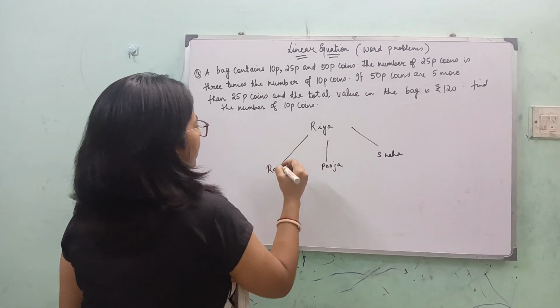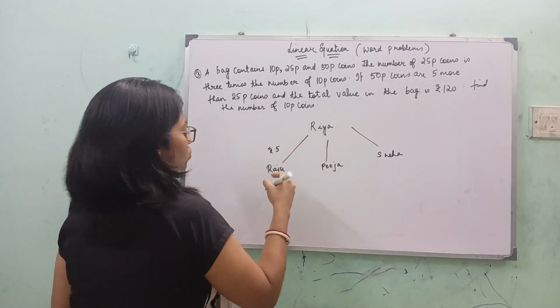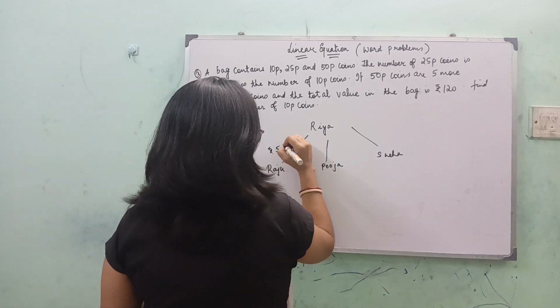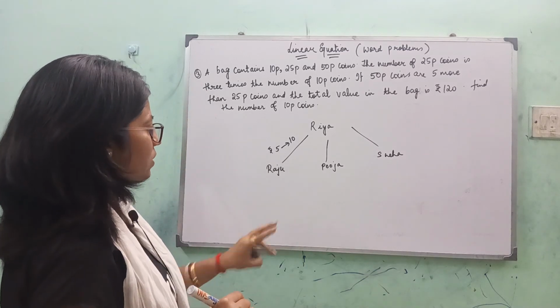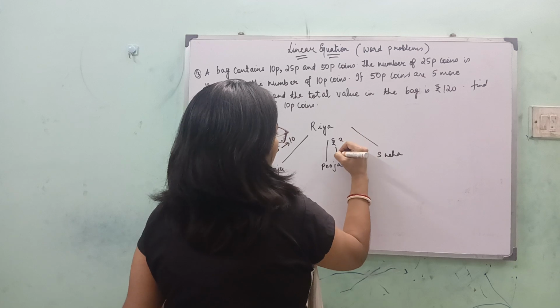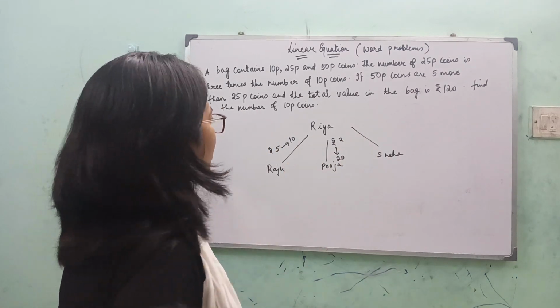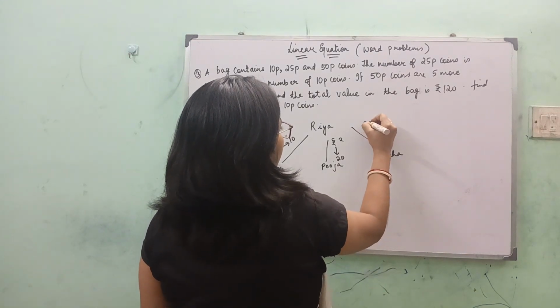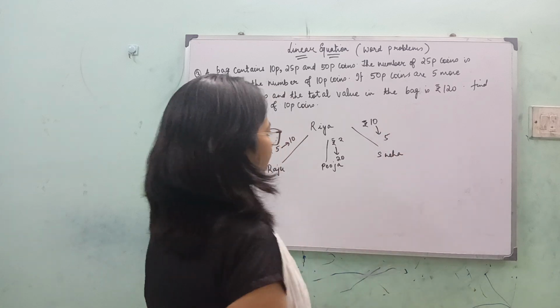Now mommy has given 10 five-rupee coins to Raju. To Pooja she has given 20 two-rupee coins, and to Sneha she has given 10 rupee notes, the number of them being 5.